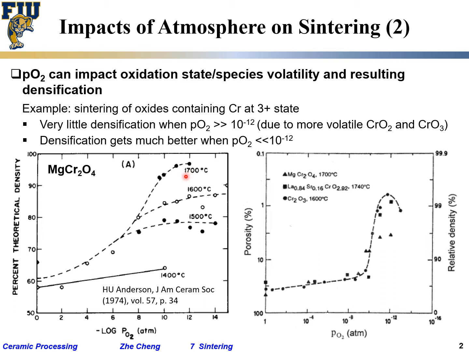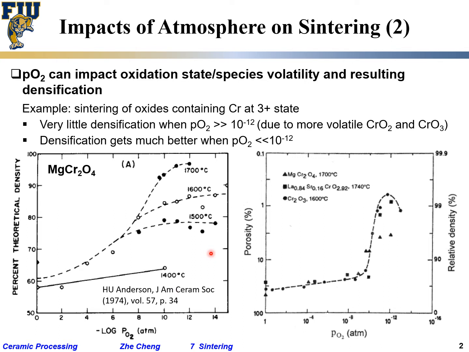What does that mean? It means, okay, if I'm going to sinter this material, I have to be careful. I have to do it in an atmosphere that has very little oxygen.